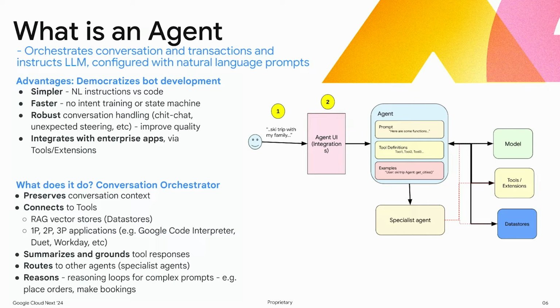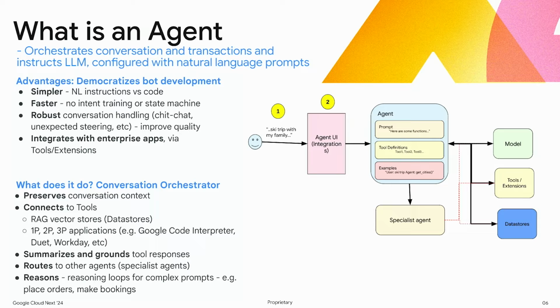What is an agent? Think of an agent as an application that orchestrates conversations as well as transactions, and also instructs the LLM, and it's powered by natural language prompts. This has several advantages over incumbent bot development technologies that have existed in the past.